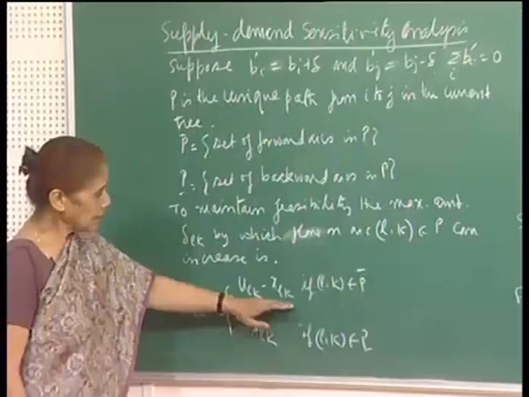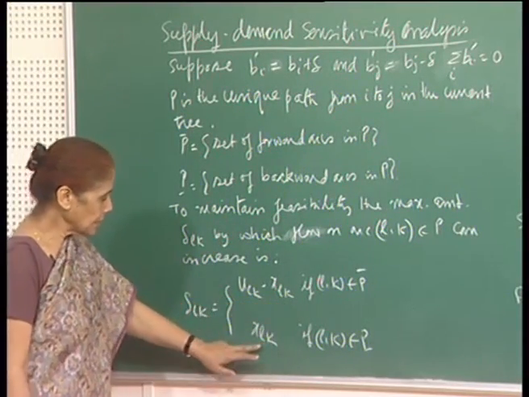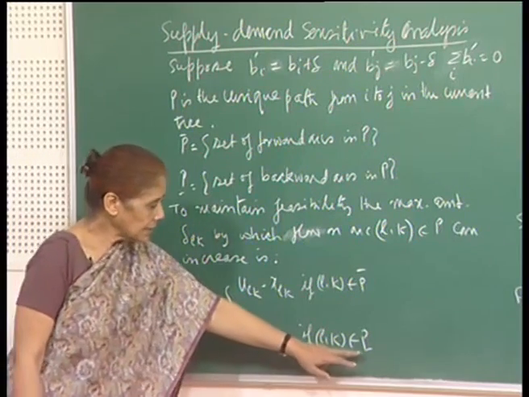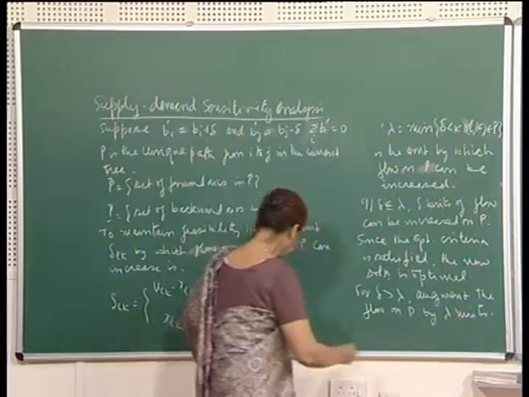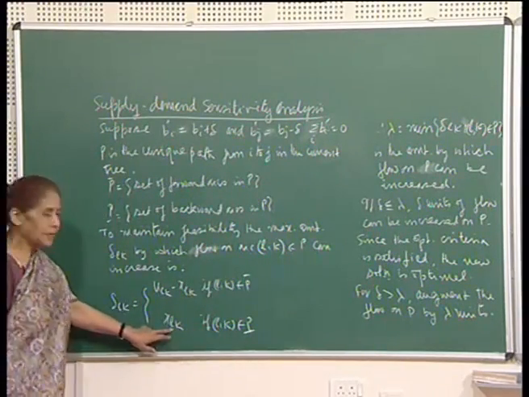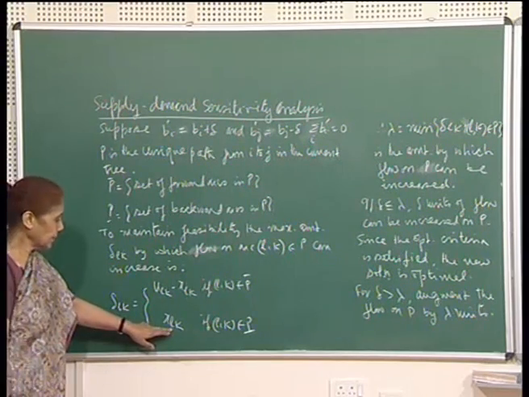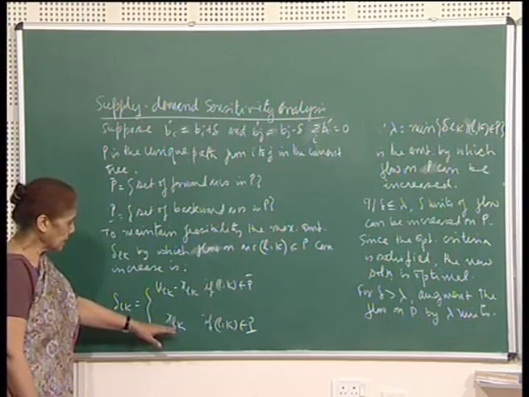If the arc is saturated, I cannot increase any more flow on arc lk. Similarly, if it is a backward arc, in p lower bar, then it must have a positive flow, because then I will increase the flow in the opposite direction, which means the flow on the arc lk will decrease.